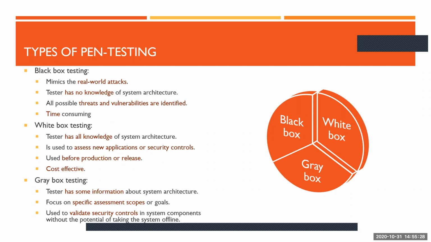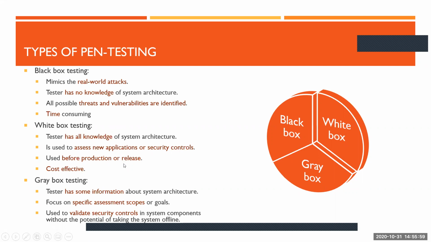White box testing, you would have all the knowledge of the system, and you would do this as an insider too. People would do this before production or release, like testing application security tests, some of the hardware devices, IoT devices, etc. It's cost effective, okay? But it does have a limit in that we would only test based on our knowledge and skills.